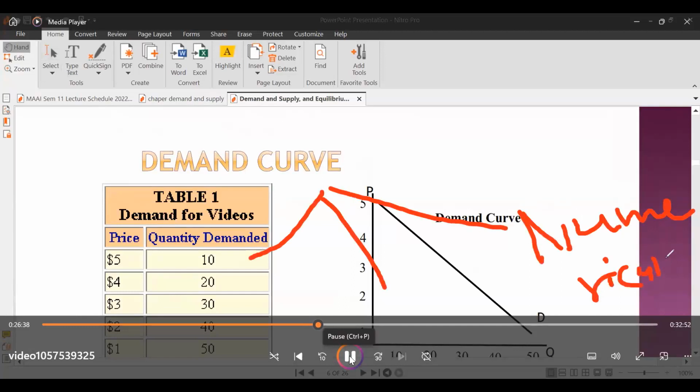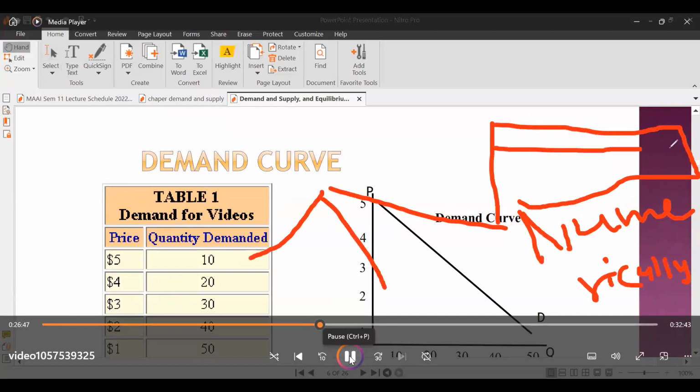Numerically means using numerical values, 1, 2, 3, 4, taking some examples or figures like schedules and tables. We can explain the concept that way.